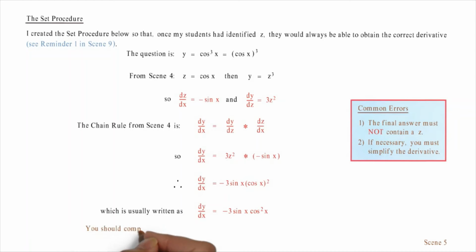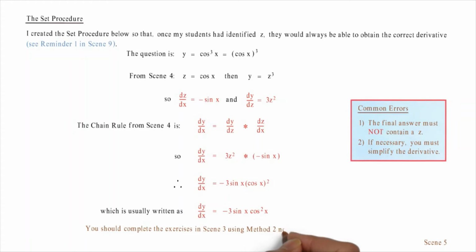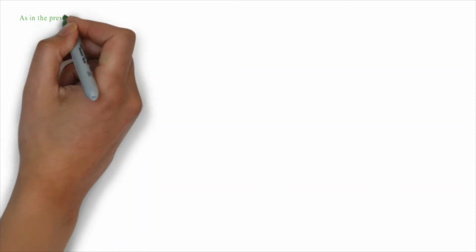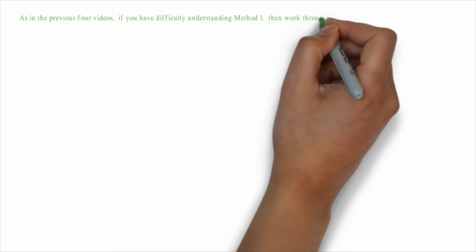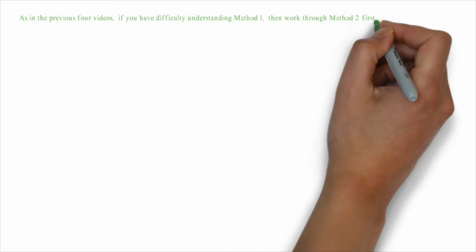You should complete the exercises in scene 3 using method 2 now, and then try method 1 again. To review the above working, you should pause this video now. As in the previous 4 videos, if you have difficulty understanding method 1, then work through method 2 first.